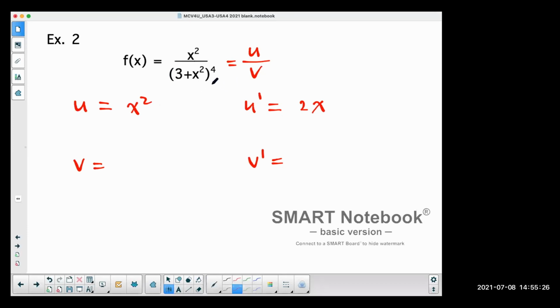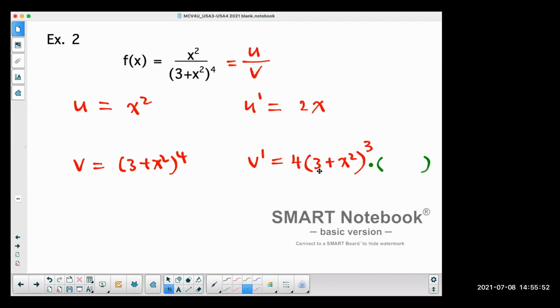Again, just look at the bottom. The bottom is 3 plus x squared to the power of 4, right? If you did the homework yesterday, you recognize, well, that's a chain rule that we did yesterday. So the derivative is 4 times 3 plus x squared to the power of 3. And I need to multiply by the chain, which is the derivative of what's inside the bracket.